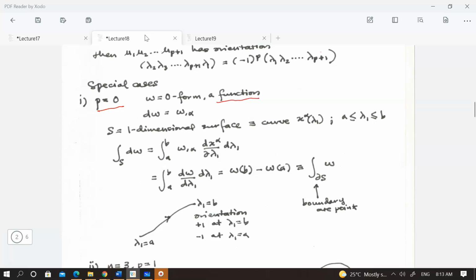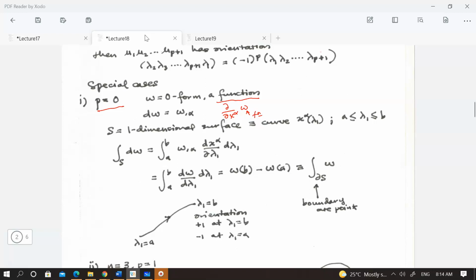The one form that you get is the exterior derivative of this zero form, which is essentially given by the derivative of your function omega. So this is just d dx alpha of your function omega. Remember, this is a zero form, this is a function.